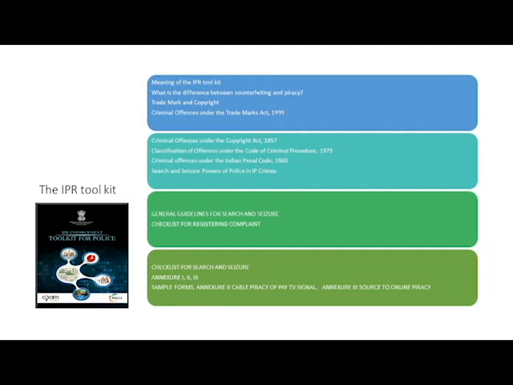So this document contains the information on how whoever is performing some kind of IPR infringement or criminal activity is going to be punished, or how they are going to be offended, okay.